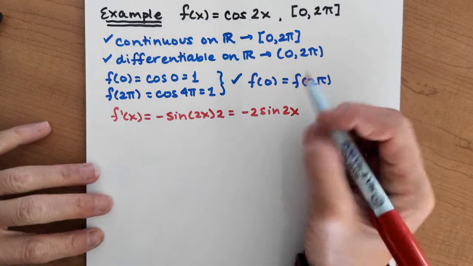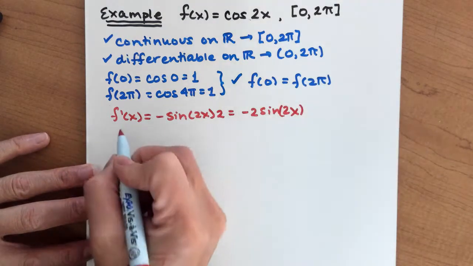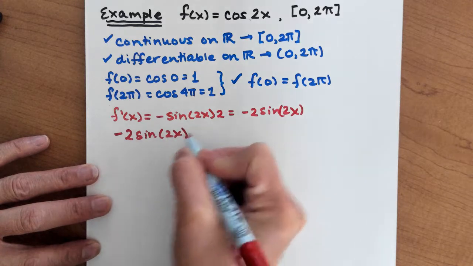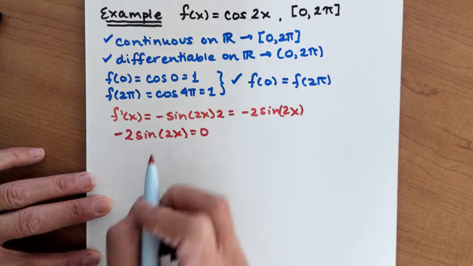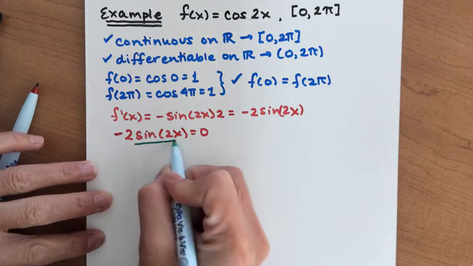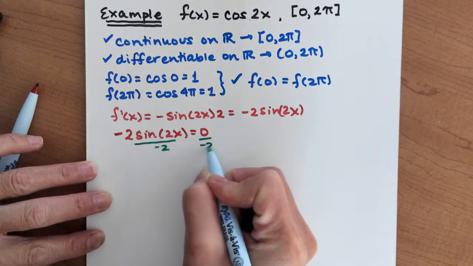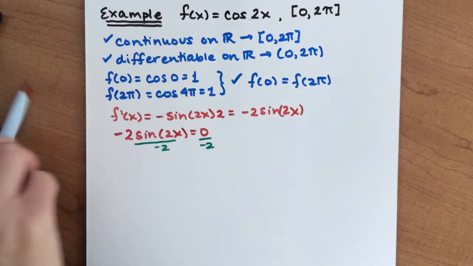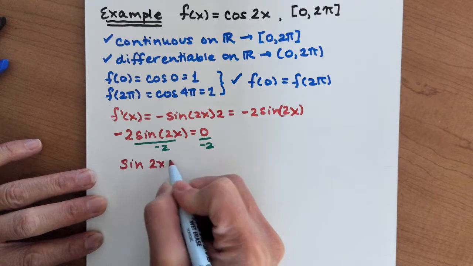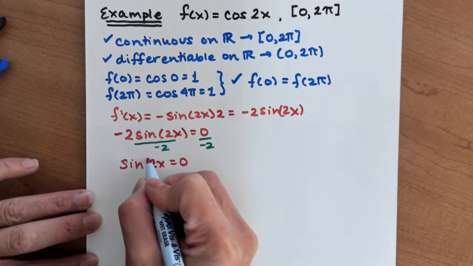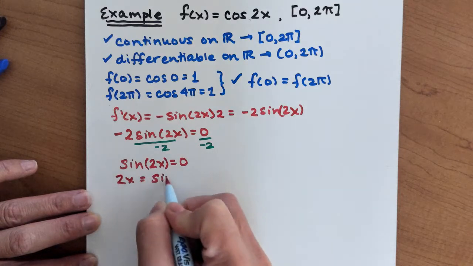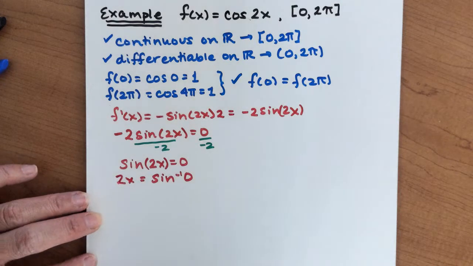And I want to set that equal to 0 and solve for x. I can divide both sides by -2, which is just going to give me sine 2x is 0.